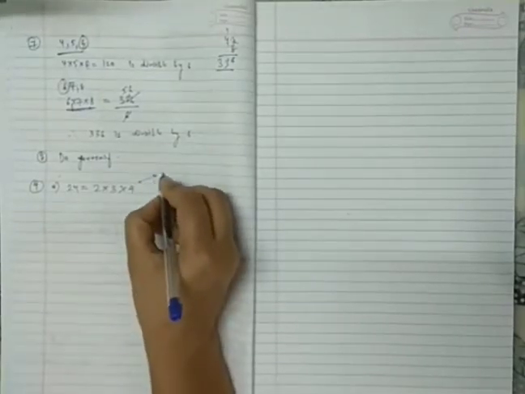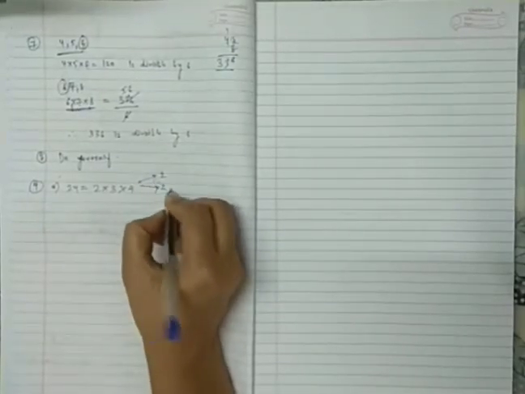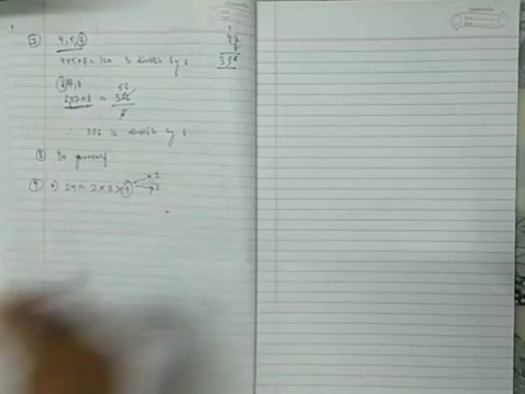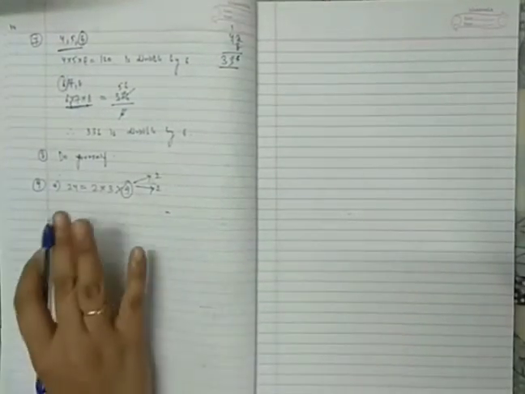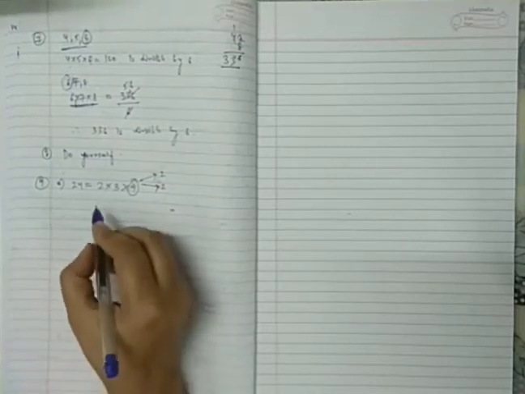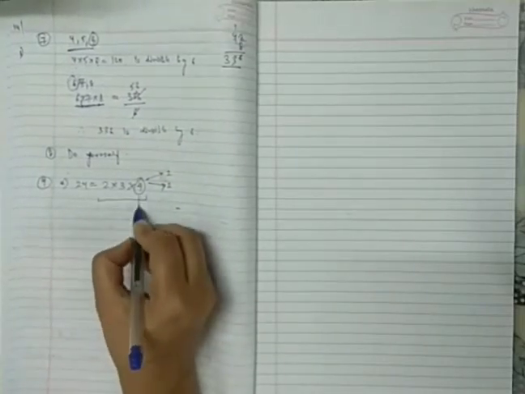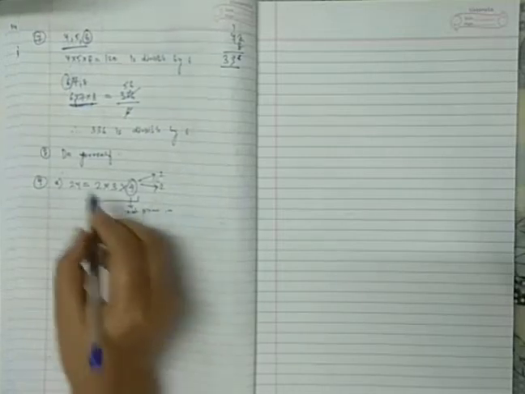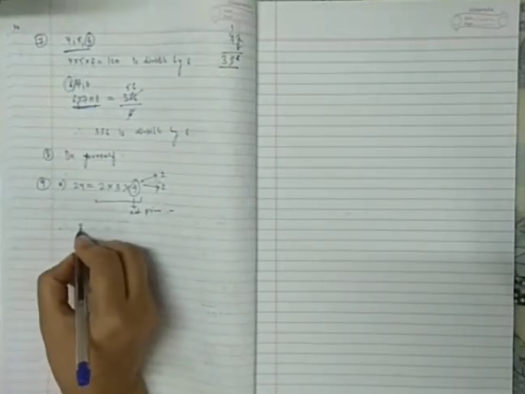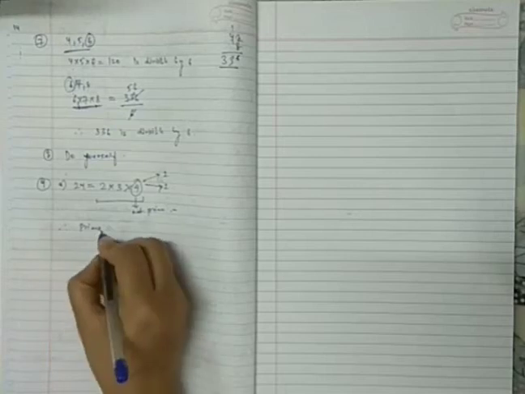But 4 can be divided into 2 into 2, right? So at the end of prime factorization, you should get all prime numbers. 4 is not prime. Therefore, in question number 1a, prime factorization is not done.